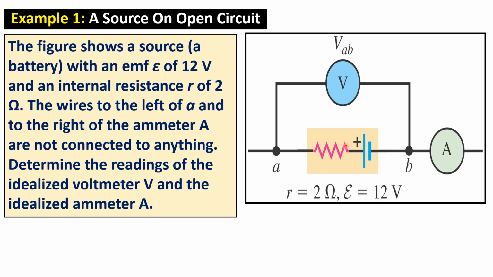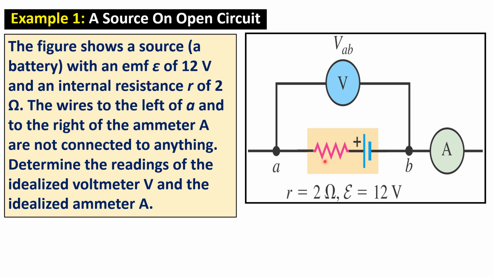This battery also has an internal resistance, denoted by small r, amounting to 2 ohms. Notice that there are loose wires to the left of point A and to the right of the ammeter. They are not connected to anything.